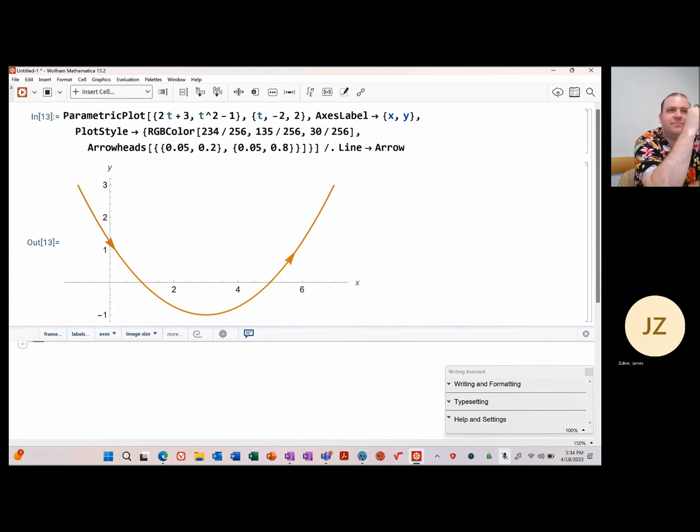Okay. At this point, I think I'm just going to drop the arrows. Just get an idea of what these curves look like instead of a direction.